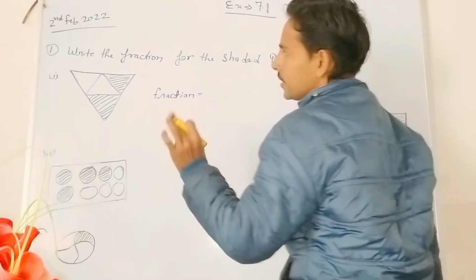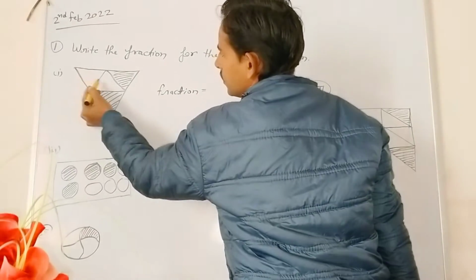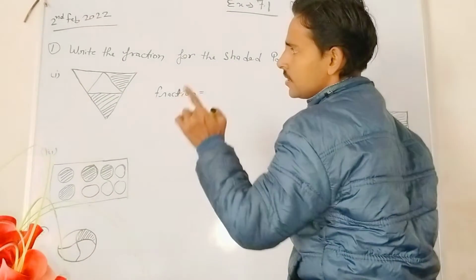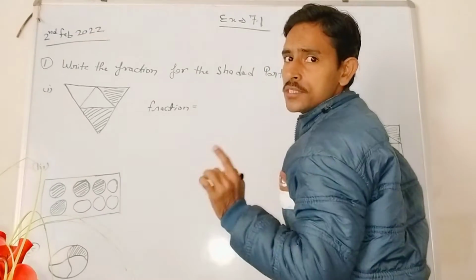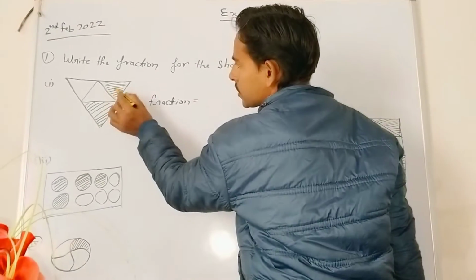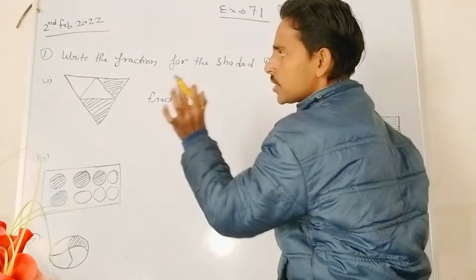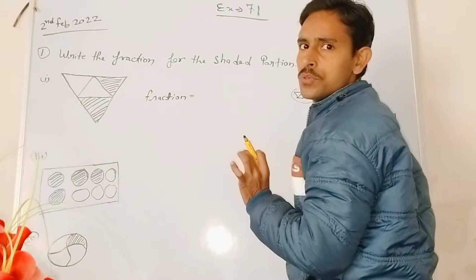All of you are looking at this figure that there are boxes: 1, 2, 3 and 4. How many boxes? There are 4 boxes. And how many colored boxes? Colored boxes are number 1 and number 2. So there are 4 total boxes and 2 colored boxes.